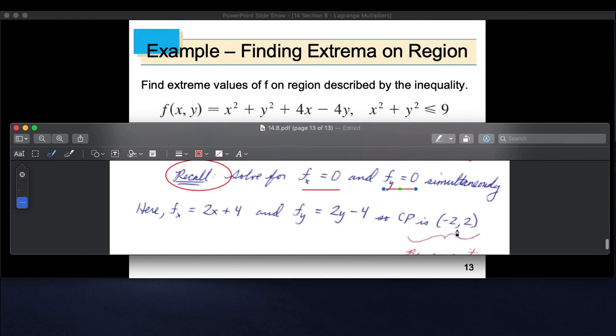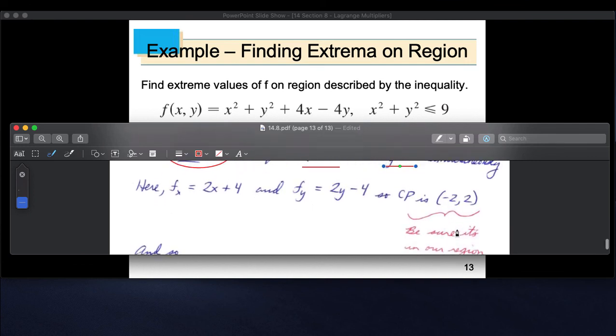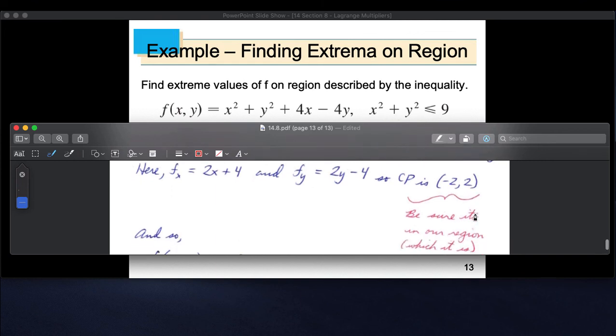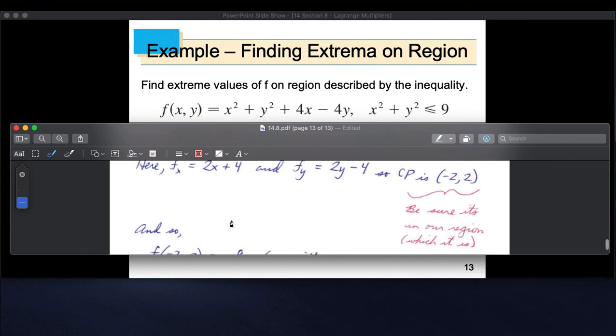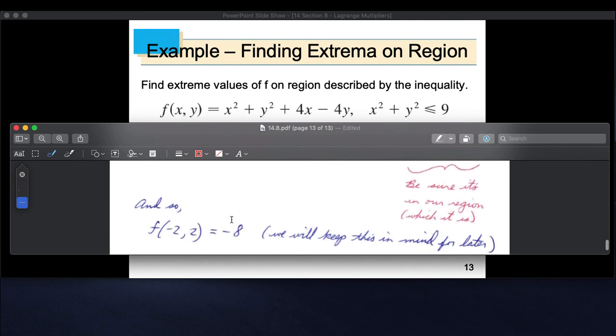Now, before I continue, though, make sure that this point is within your region. Since we're talking about a disk that's centered at the origin of radius 3, then obviously negative 2, 2 is certainly within the region. Now you go ahead and take this point and plug it into the function itself. We end up getting negative 8. And we're going to keep this in mind for later.